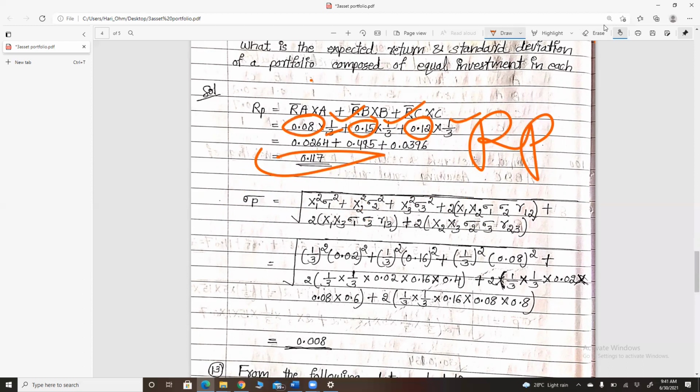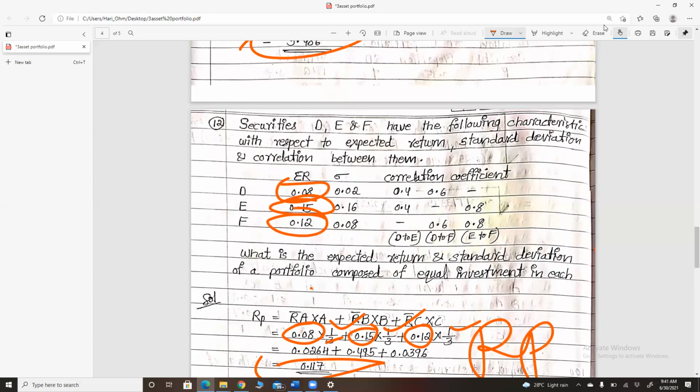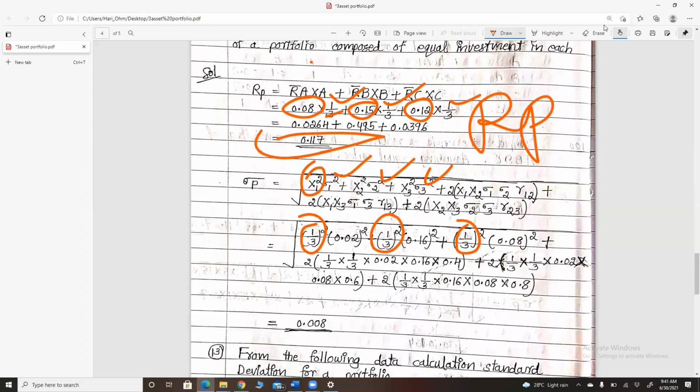See, proportion, that is x1, is nothing but 1 by 3 square. Okay, all three are 1 by 3. All three securities have equal proportion, so for that it is 1 by 3. Then standard deviation 1, standard deviation 2, and standard deviation 3. Check it. What about standard deviation 1? 0.02, 0.16, and 0.08.